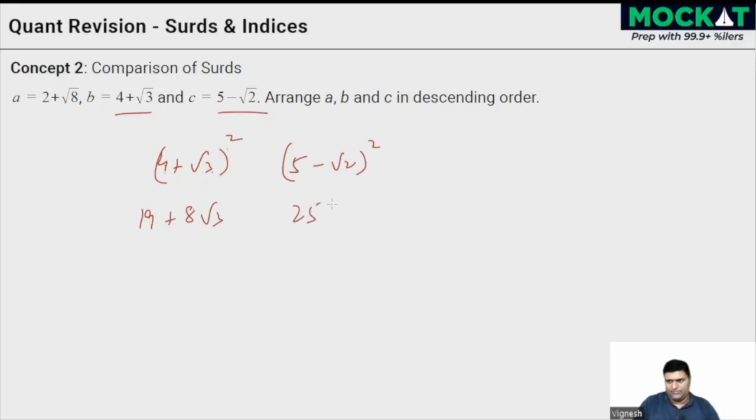And here you get 25 plus 2, that's 27, minus 10 root 2. Subtract 19 on both sides. We're left with 8 root 3, and here we're left with 8 minus 10 root 2. You can divide by 2 on both sides. You have 4 root 3, and when you divide by 2 over here, we're going to have 4 minus 5 root 2.